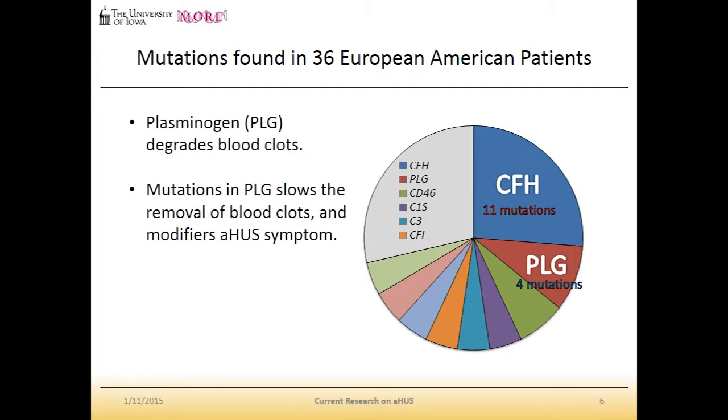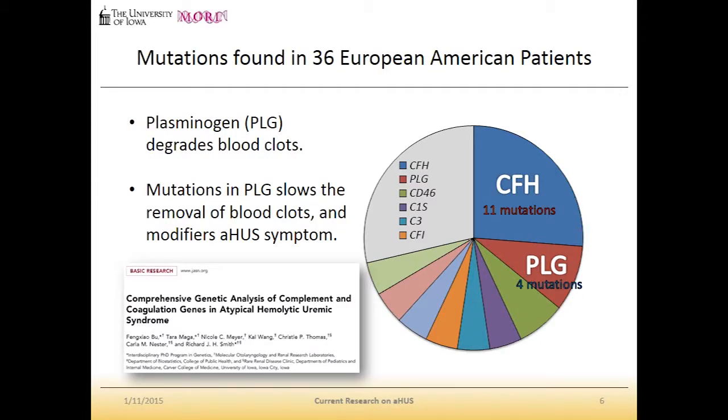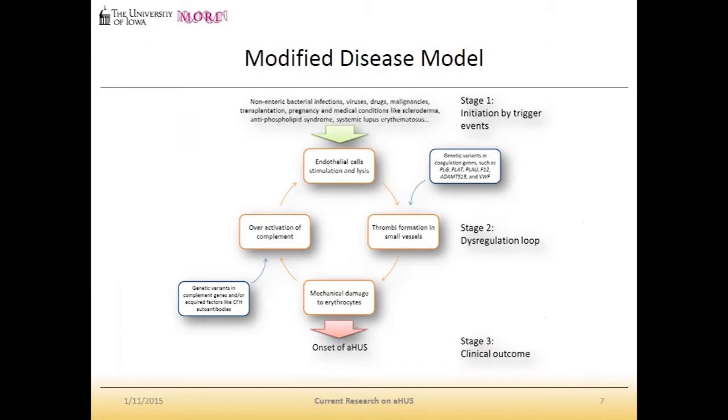Plasminogen is the most important enzyme that removes blood clots. A mutation in this gene will slow down the removal of blood clots. So we believe that mutations in plasminogen will modify the aHUS symptoms. The paper was published last year.